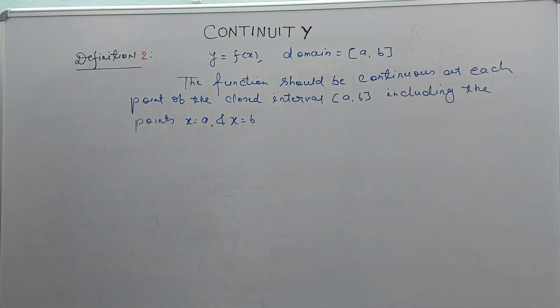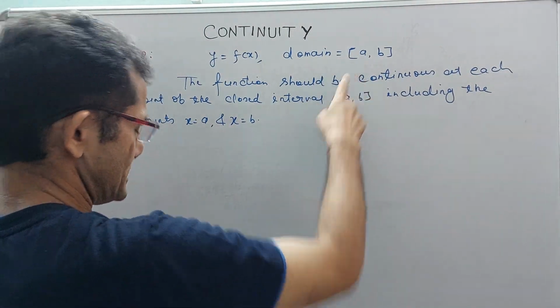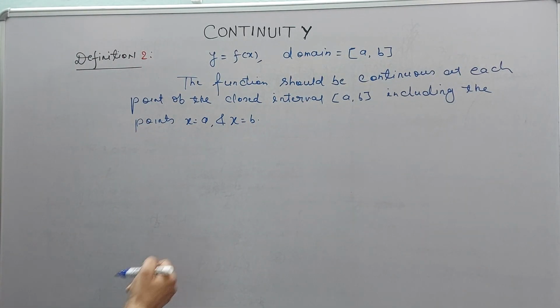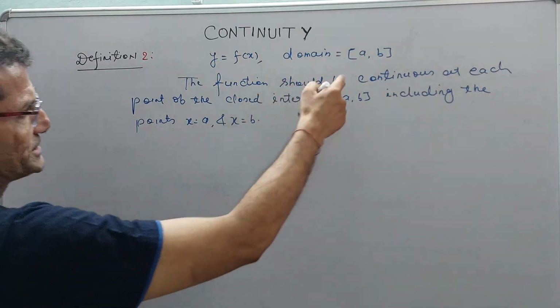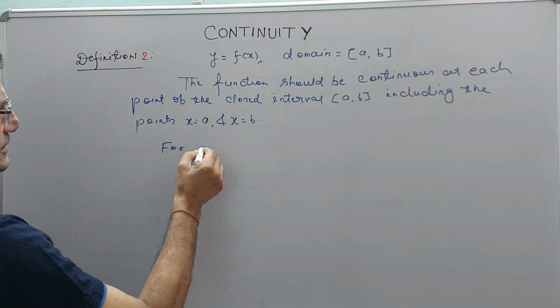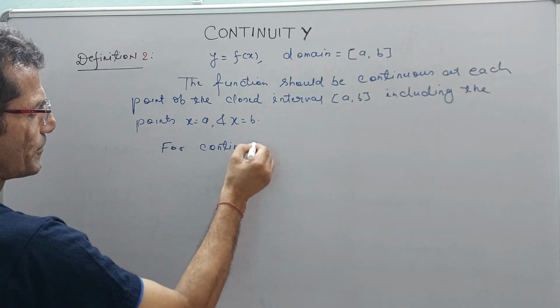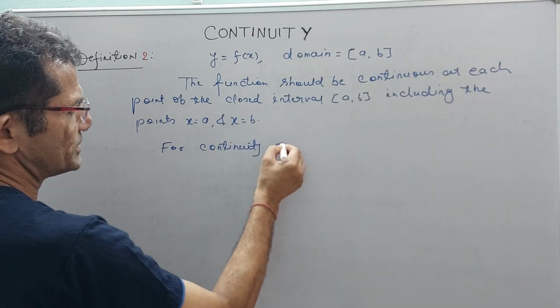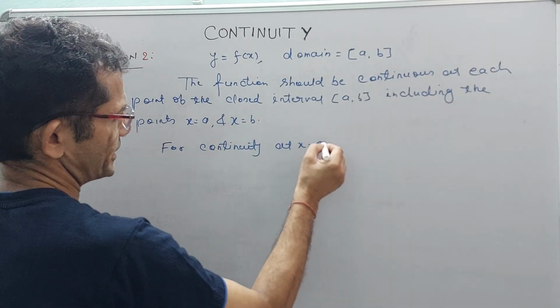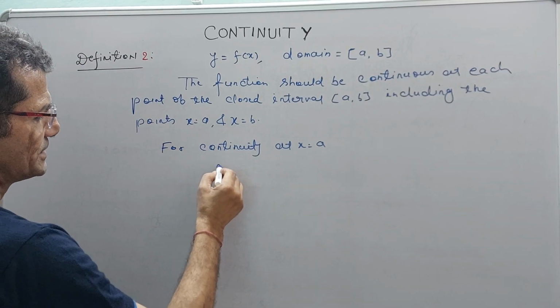Since at the point a, there should not be a left hand limit. Here there will be no left hand limit, only the right hand limit at a. So for checking the continuity at x equal to a, we have to check only the right hand limit.